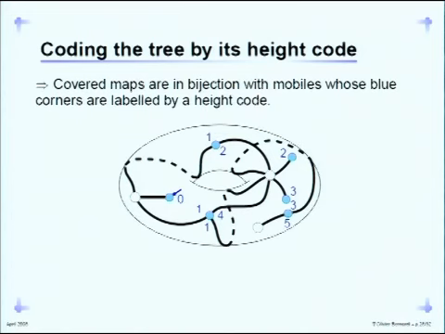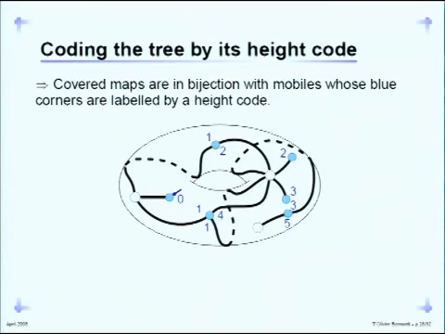So I have to glue. I have my two objects, the tree and my mobile, and I have to glue my tree on the mobile. So I can as well remember my tree by putting the height code on each of the blue vertices of my mobile, which is what I have done here.